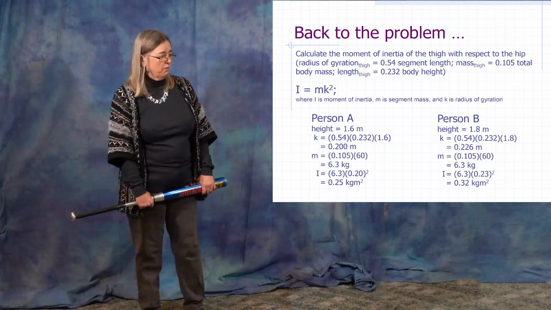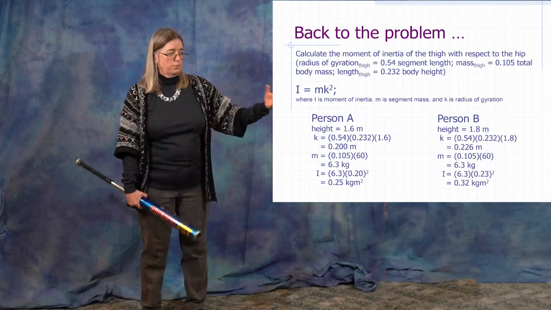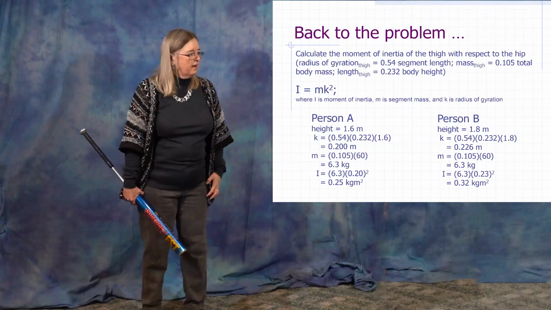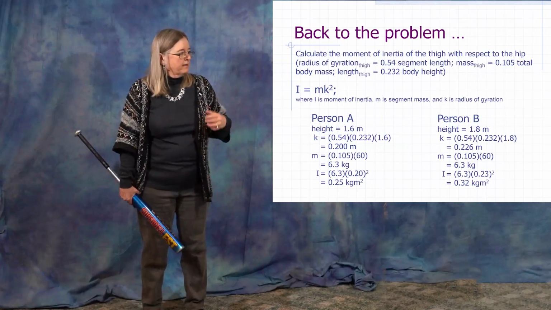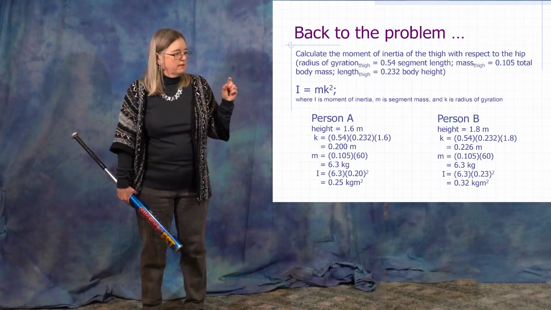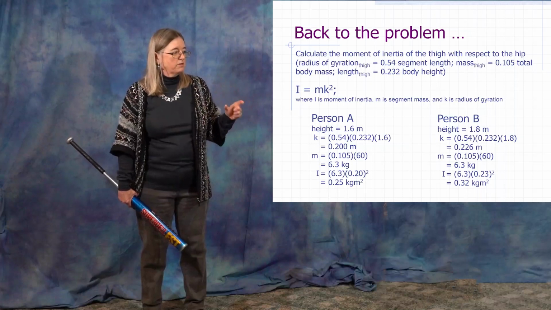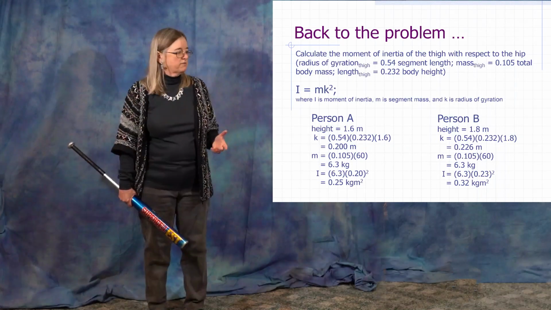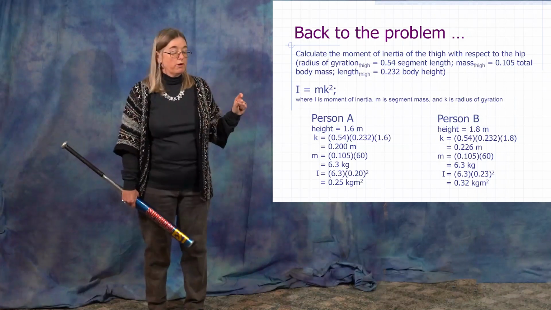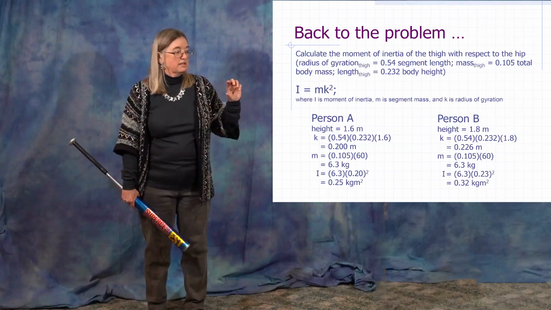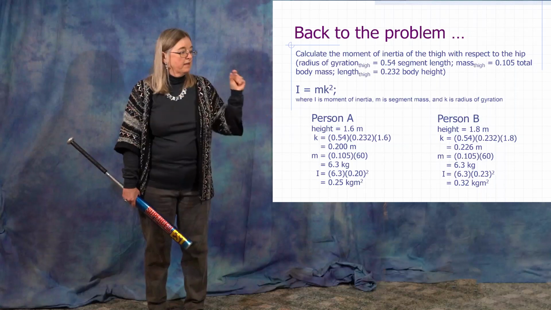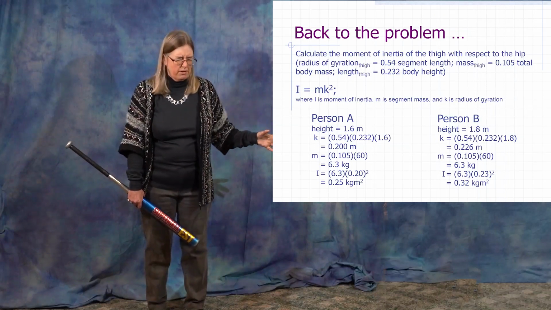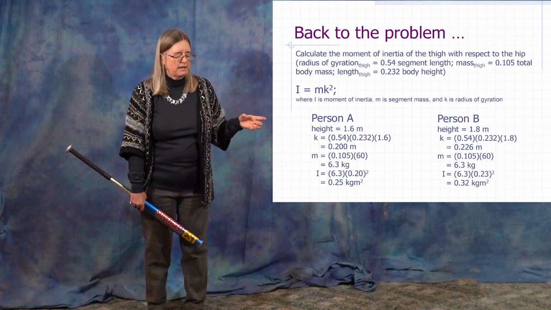Problem, which is that we had two people. We actually want to look at the moment of inertia of the thigh with respect to the hip, and the radius of gyration of the thigh is 0.54 times the segment length.